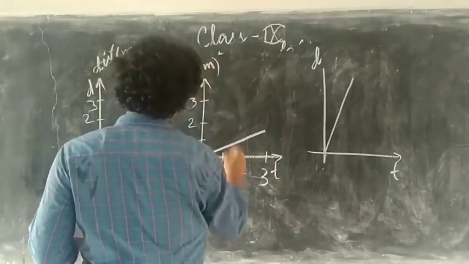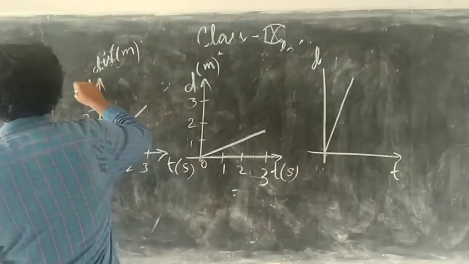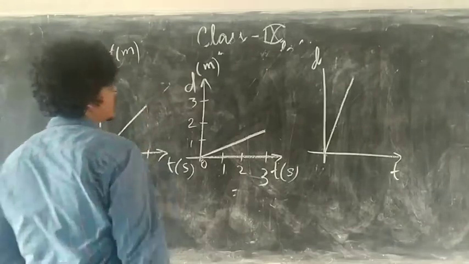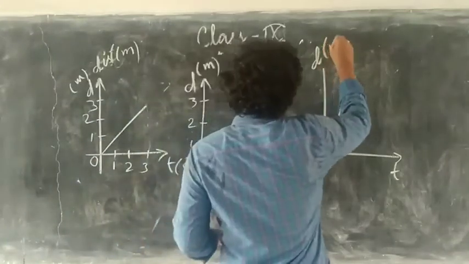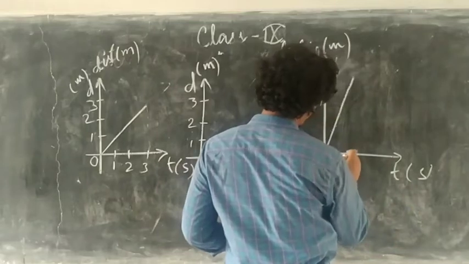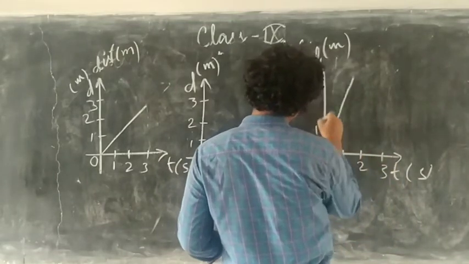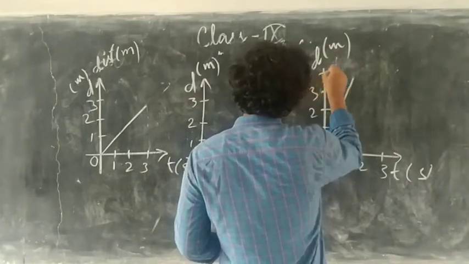Distance is in meters, time in seconds. 0, 1, 2, 3, 1, 2, 3, 4.